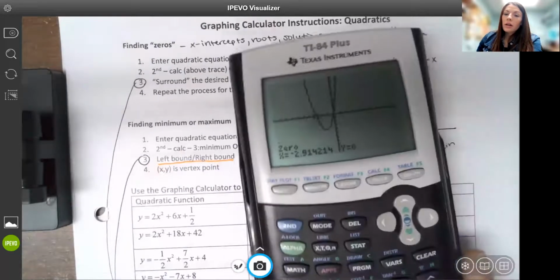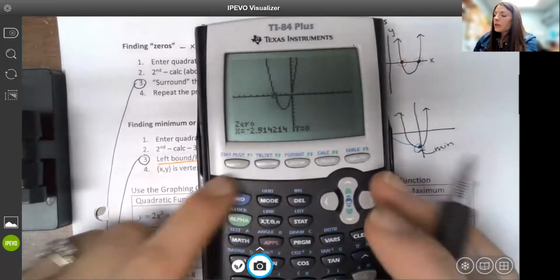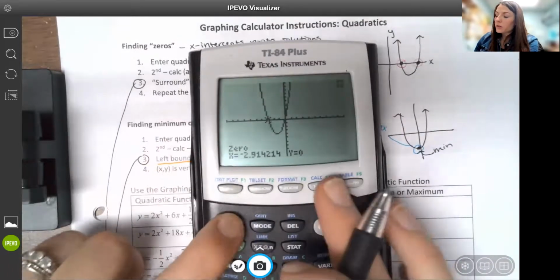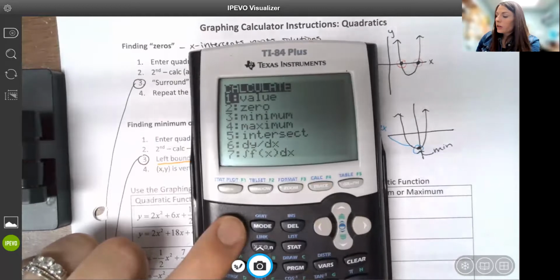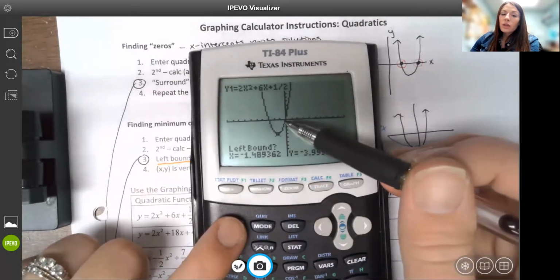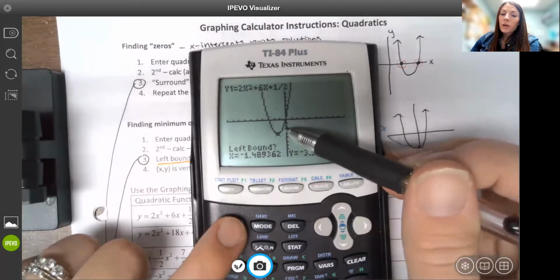Okay. Now let's do that again. So it says repeat the process for the other 0. So I go second, calc, option number 2, which says 0. To get the other point, which is over here, the left of that point would be below it.